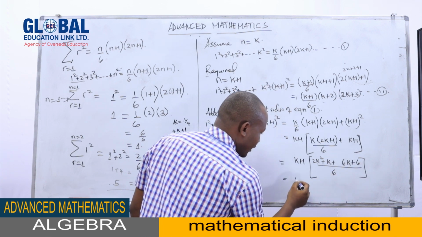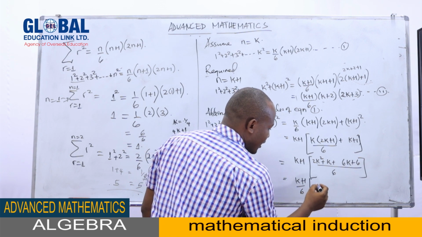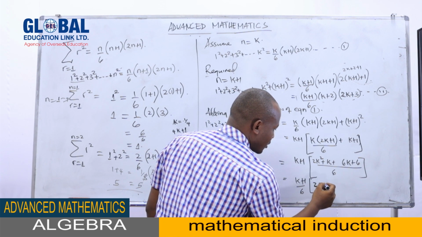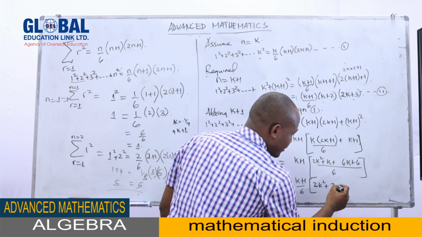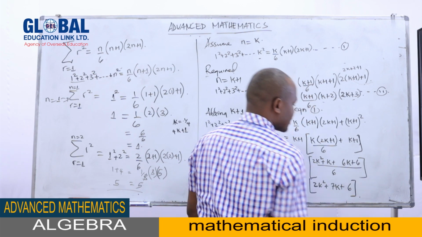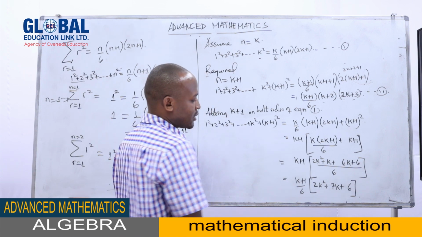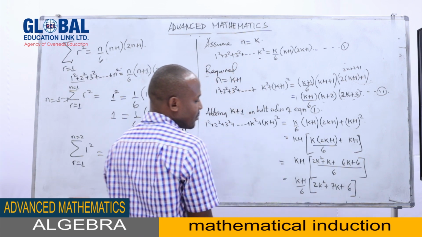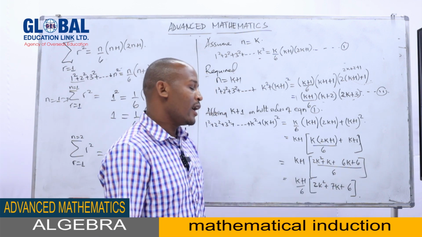Factoring out the 6, we have k plus 1 over 6 times 2k squared plus 7k plus 6. Finding the factors of that quadratic, the numbers to be added are 4 and 3.